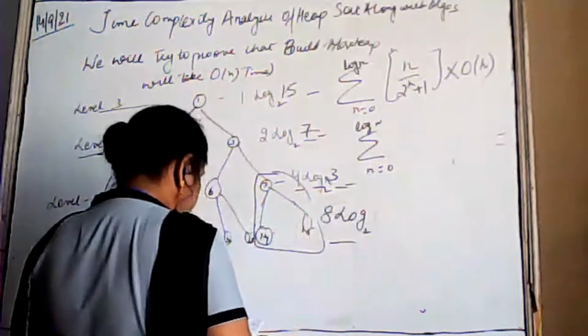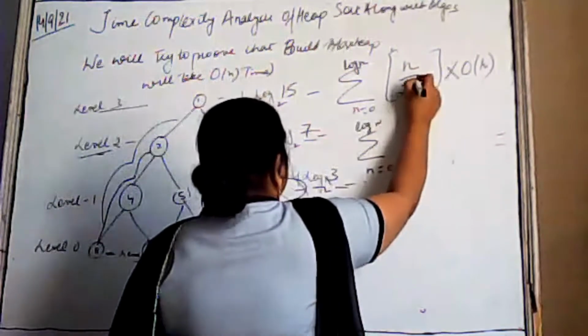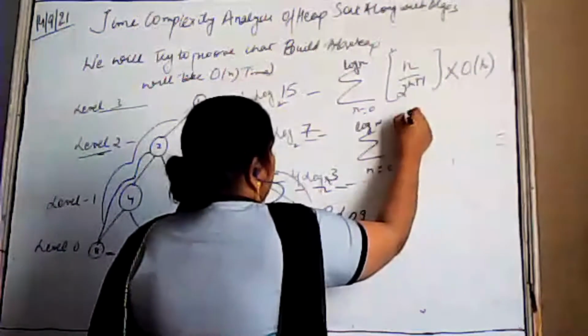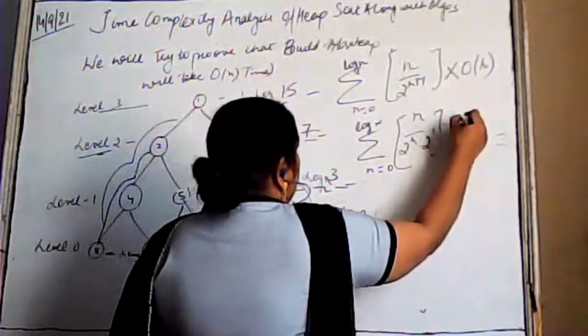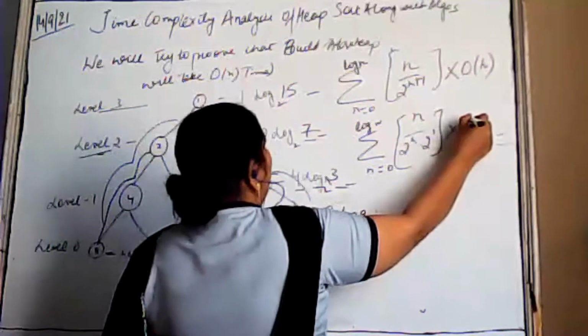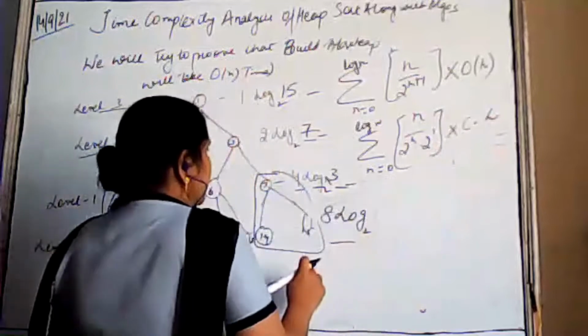So you will write 2 upon 2h into 2 raised to power 1, because some constant has to be multiplied whenever we are finding the O.